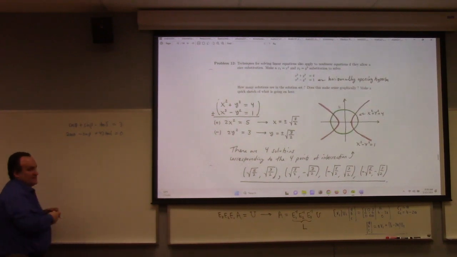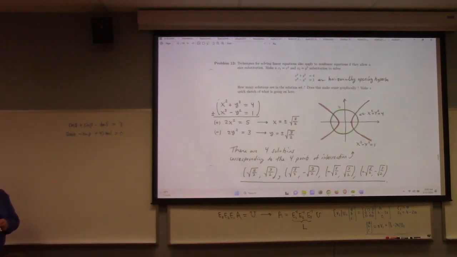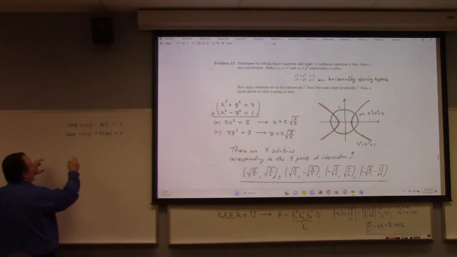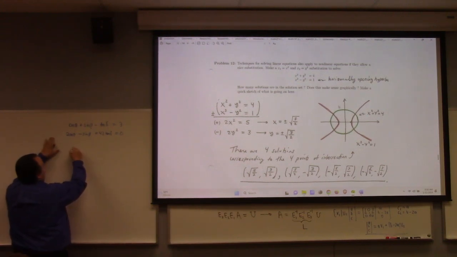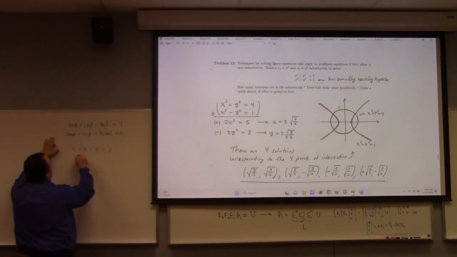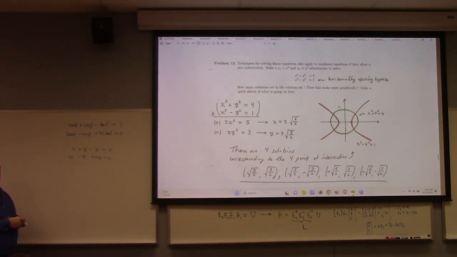Find all solutions. Then I would suggest rewriting this as x plus y minus z equals 3, and 2x minus y plus 42z equals 0, which is maybe a good way to not go nuts.